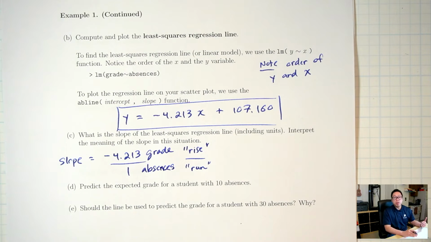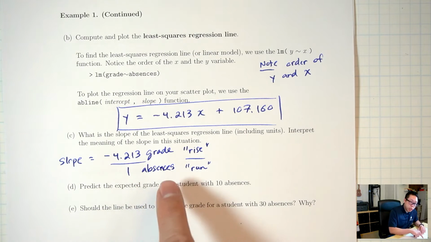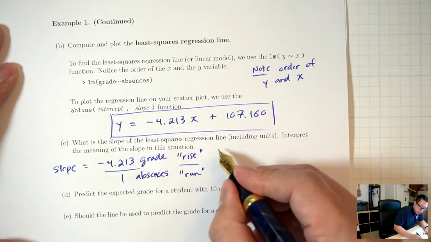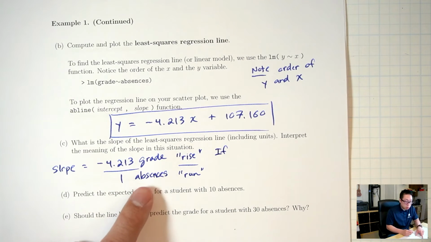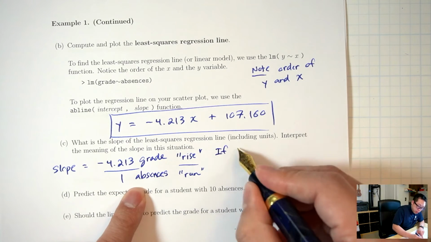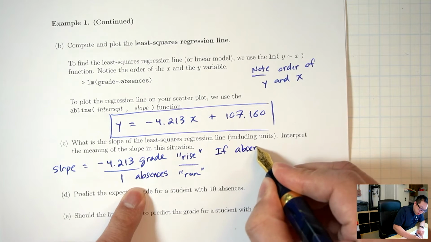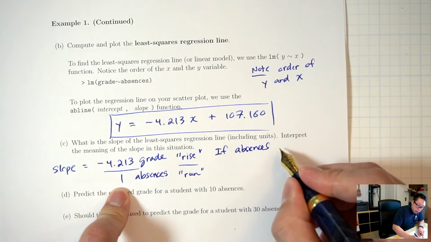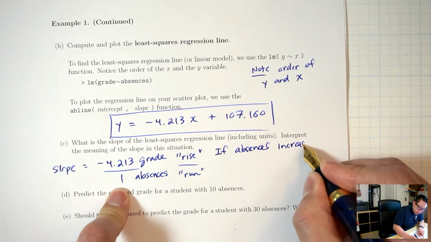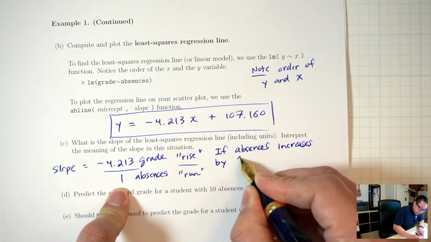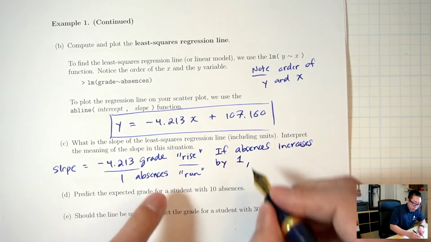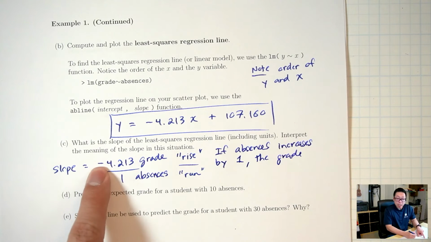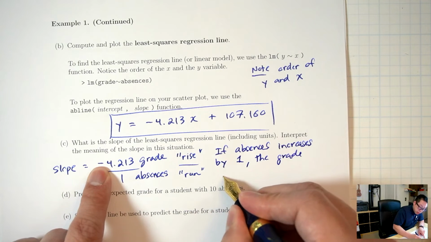The slope tells us the rate of change. It tells us if one variable changes, how the other one changes. So one way to interpret this is to start with the bottom. If the absences go up by positive 1, meaning increases by 1, the grade is negative, so I'm going to say it decreases.